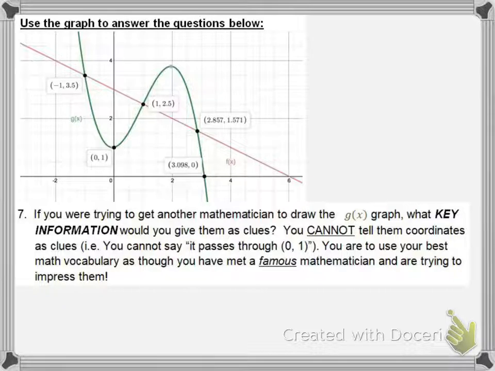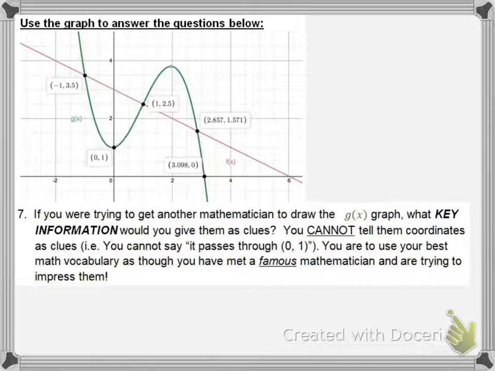But I might say it has what they call a local maximum, a high place in the middle at about 3 3/4. It has a low place on its y-axis at the y-intercept at 1. That would give us a rough sketch.